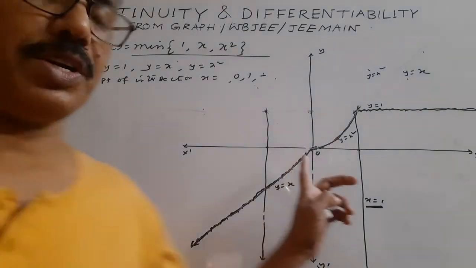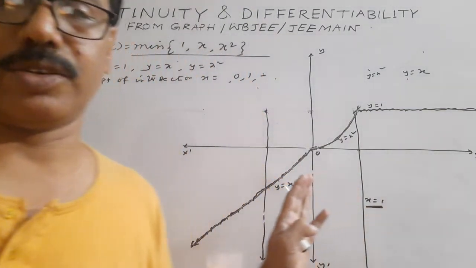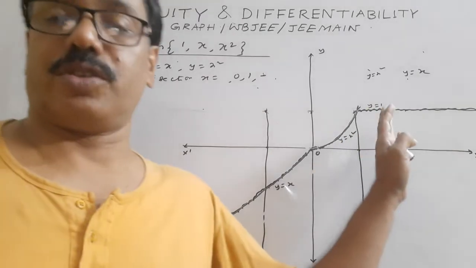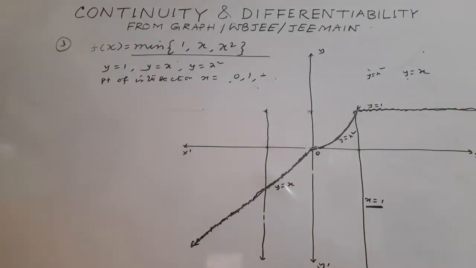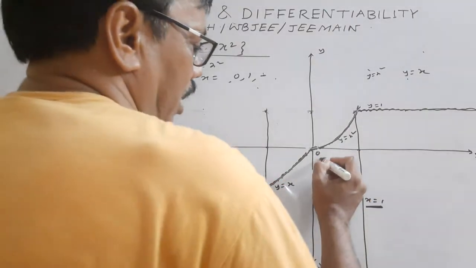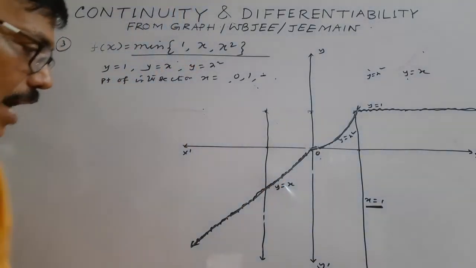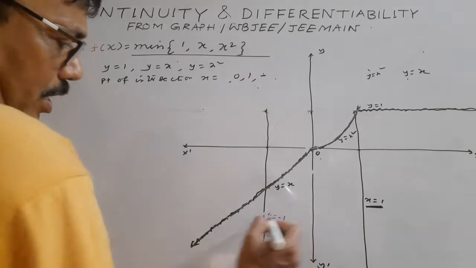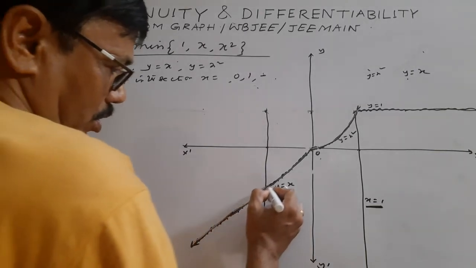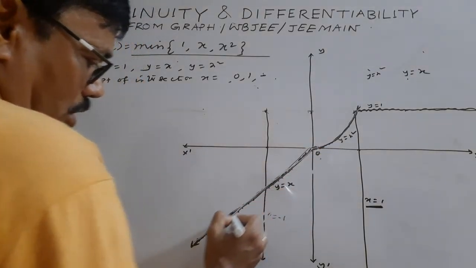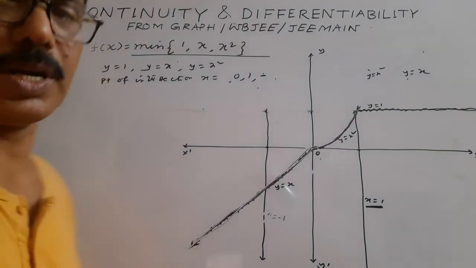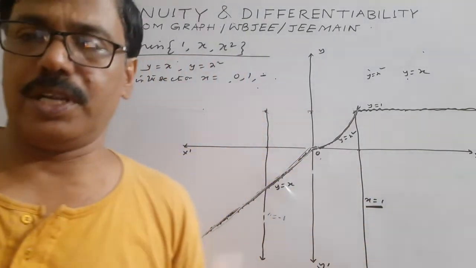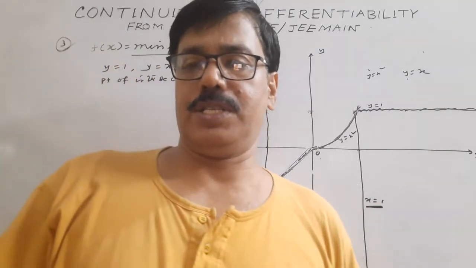So it is not differentiable at x equals 0 and x equals 1, but continuous everywhere. At x equals minus 1, it is differentiable. Look, it has no sharp edge. So this is problem number 3. It is also a problem of JEE Main.